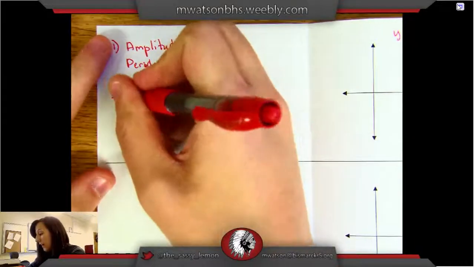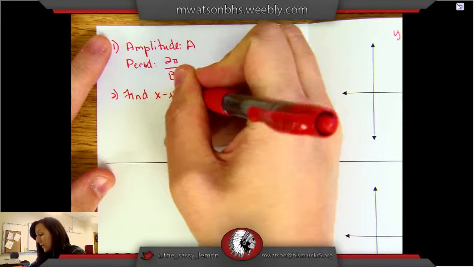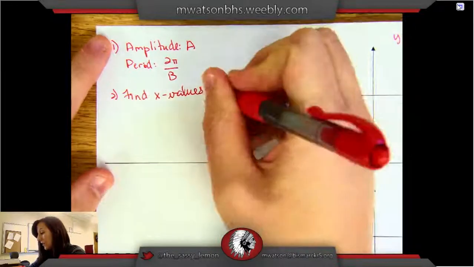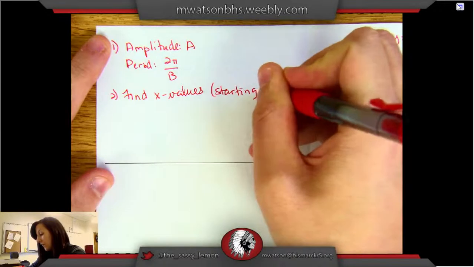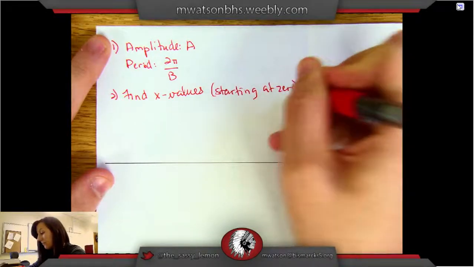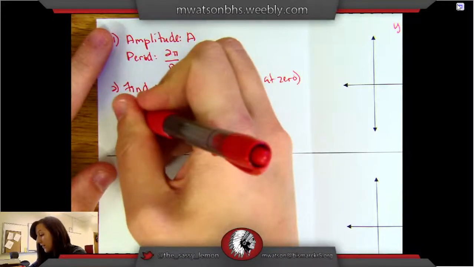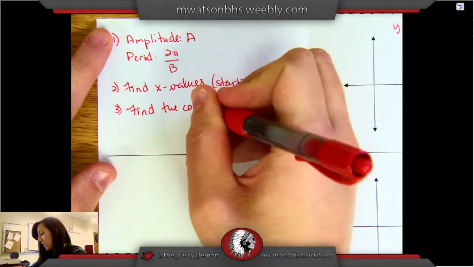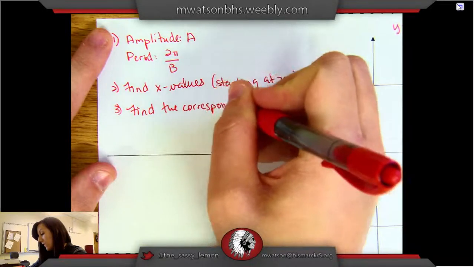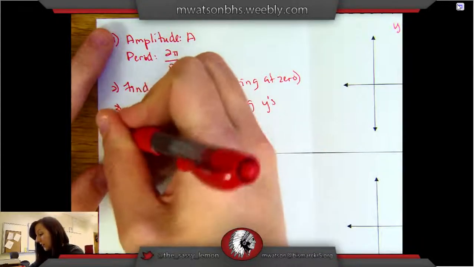You're going to find all the x values, starting at 0. Then you're going to find the corresponding y's. And then you're going to graph.